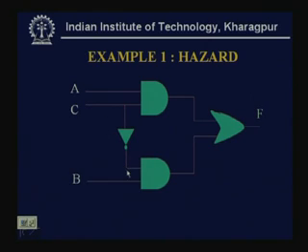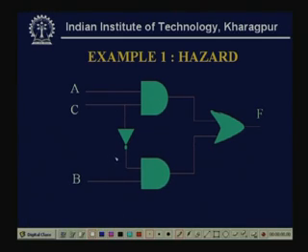So, this is C, this is C bar. And this is an OR, that means this is my F equal to AC plus BC bar.